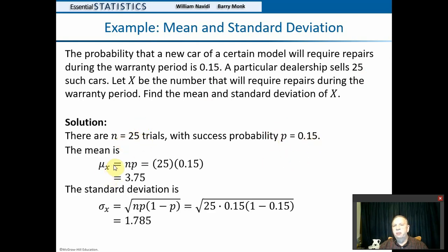The mean number I would expect to require repair is 25 times 0.15, 3.75 on average. For the standard deviation, 25 times 0.15 times 0.85, which is 1 minus 0.15, and then I take the square root, which should be 1.785.